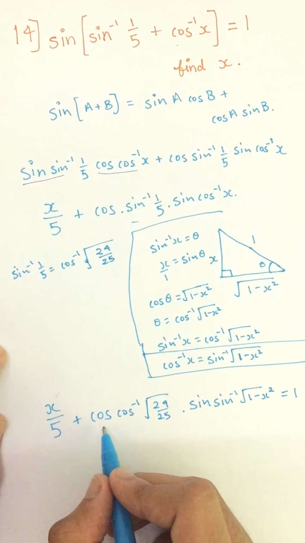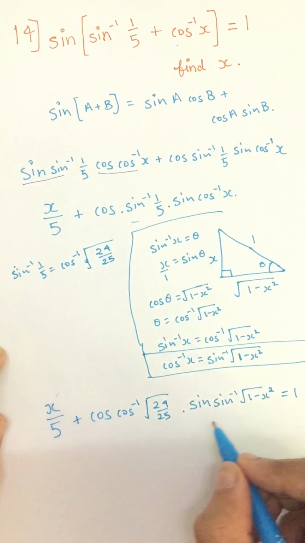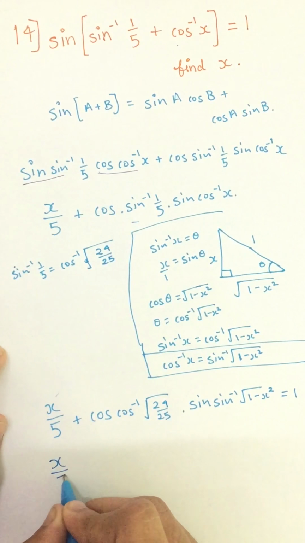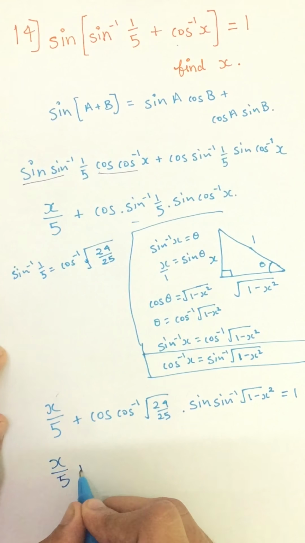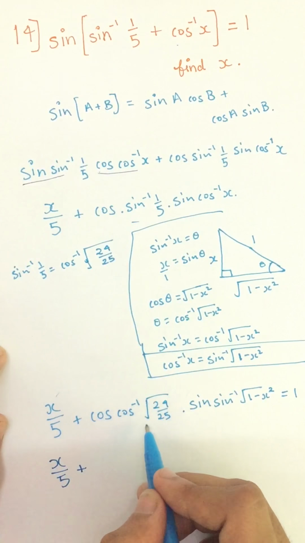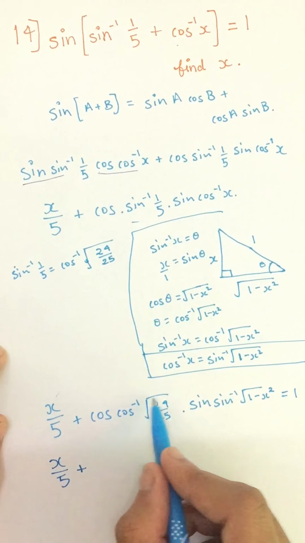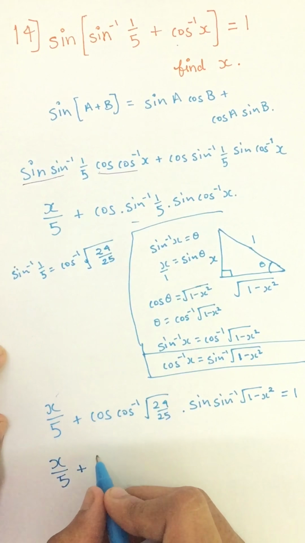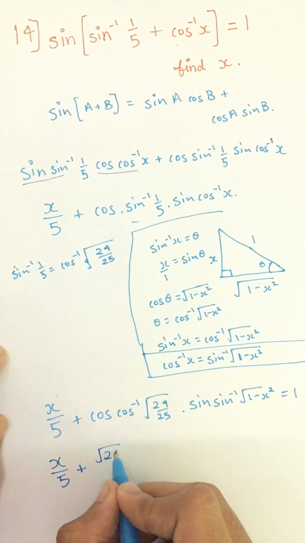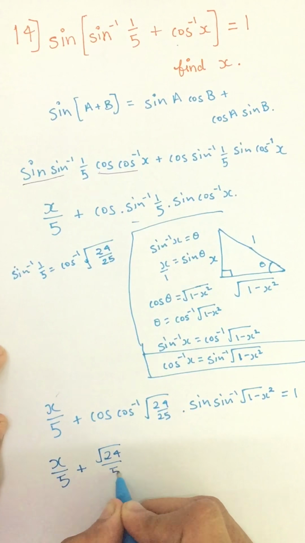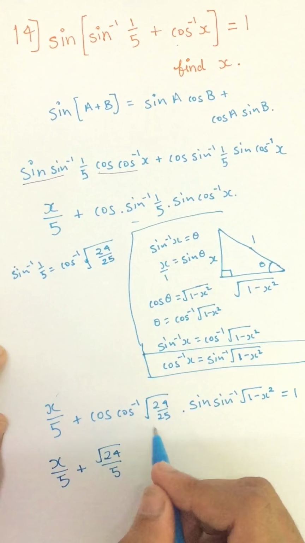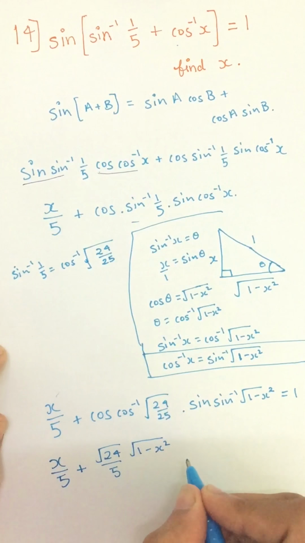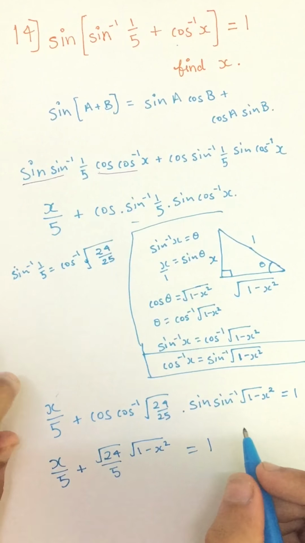And now I can simply strike off this cos inverse and cos, and this sine and sine inverse. So my equation becomes x upon 5 plus under root 24 by 25, which is nothing but under root 24 upon 5, since under root 25 is 5, you all know. This becomes under root 24 by 5 into under root 1 minus x square, equal to 1.